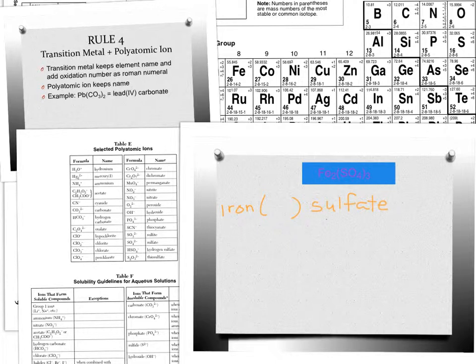All we have to do is move the 3 up to here and move the 2 up to here. What we're doing is a backward crisscross. Okay, so that tells us then that the Fe is a positive 3 charge, and that the SO4 is a negative 2 charge. Okay, so therefore we can write 3 right here.